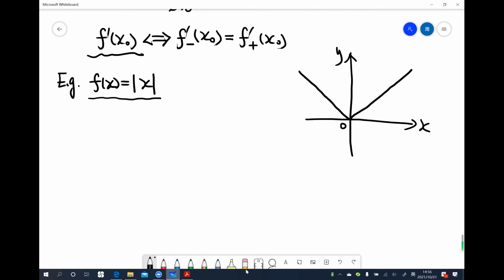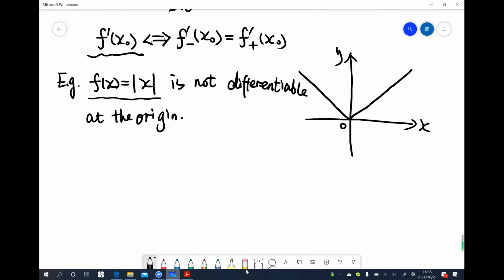Every point is continuous. But now you should know that the absolute value function is not differentiable at the point 0, 0, that is, at the origin.